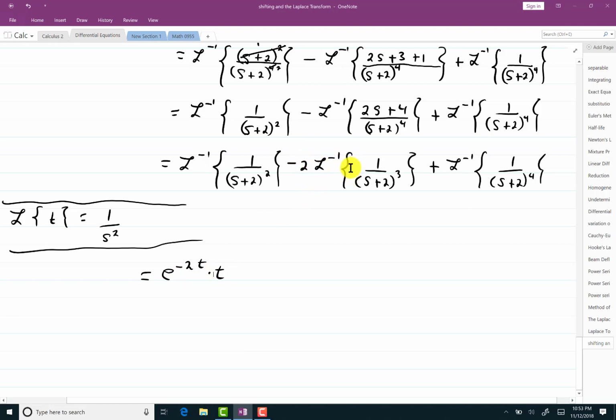Then here, for this next one, what's funny is I probably should have left the 2 there because it actually fits the format for something we found next. The Laplace transform of t squared equals 2 over s cubed. Remember, it equals that exponent factorial all over that exponent plus 1. So for this, I can take it back to t squared, but I'll have an e to the negative 2t attached to it.